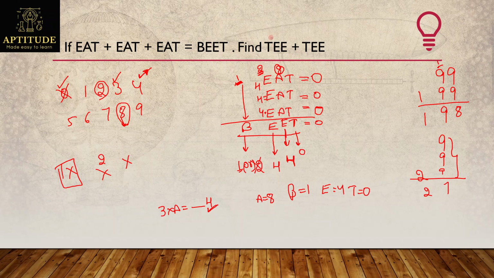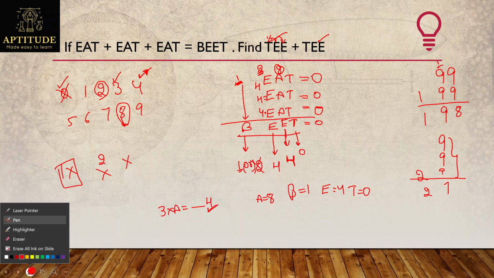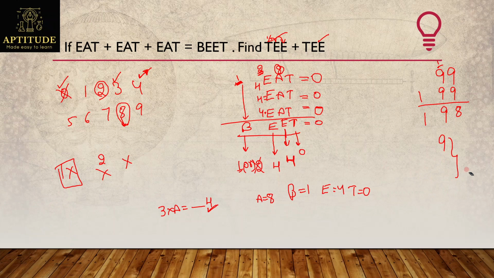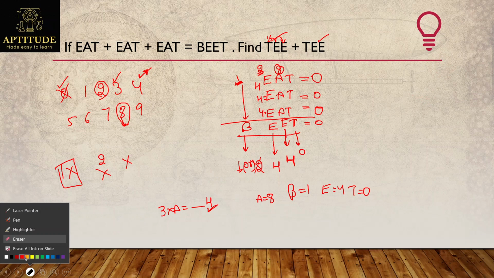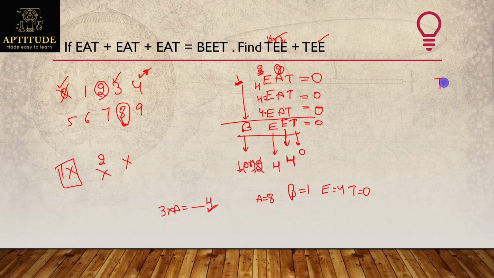And now the question is, what is T plus T? So there is no addition between the alphabet C here. I cannot say T plus E plus E. So it should be considered as T plus T, which means I should write it as 3-digit number T added with 3-digit number T. So let's see, what is E value? 4, and T means 0.